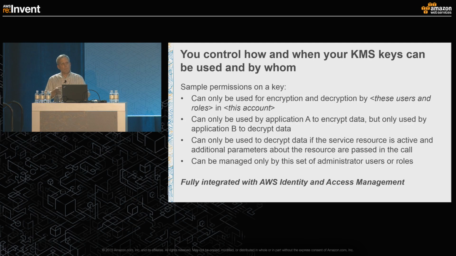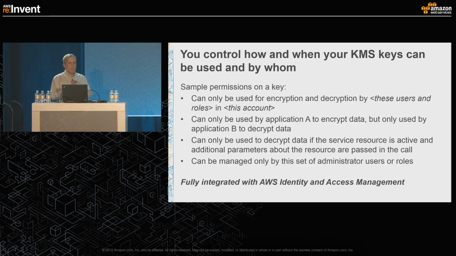This is actually how we implement all the authorization logic for AWS services to use your keys, because we don't want the services to be able to use a master key on your behalf to decrypt unless they know that you want them to. And the way we know you want us to do something is you make an API call to a service and you sign it with your access keys.